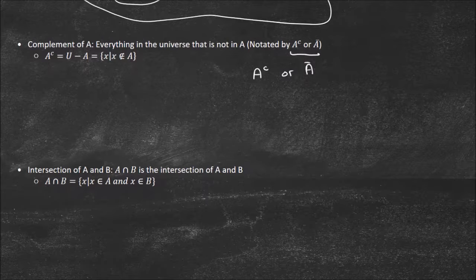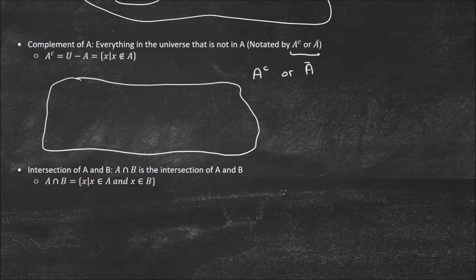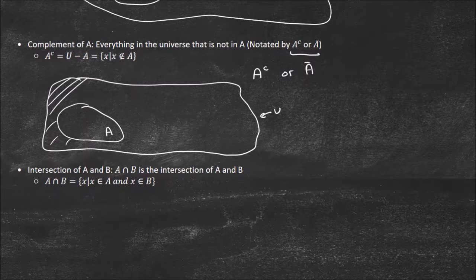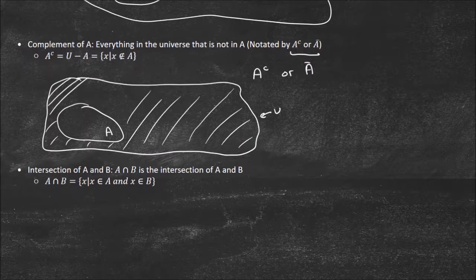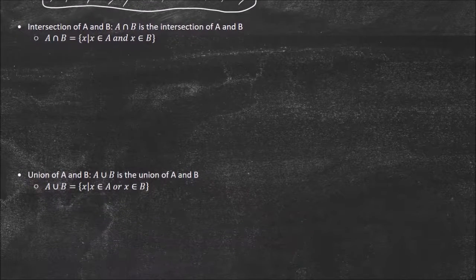A^C equals U minus everything in A. It's everything that's inside the universe you're working in, but it's not in A. So again, we have the universe U, and then we have A. My answer is going to be everything that's in the universe but not inside of A. So that's the complement, everything except A. In set builder notation, you would say x, where x is not an element of A. So complement, not too difficult.